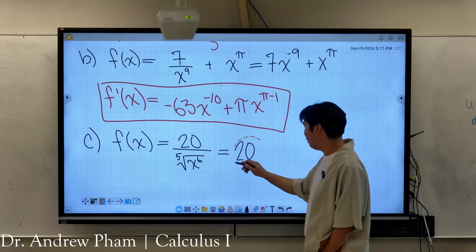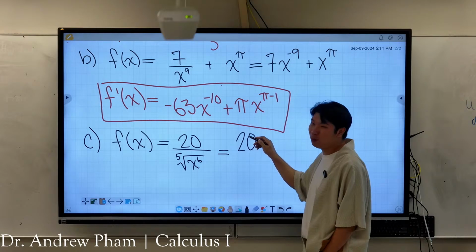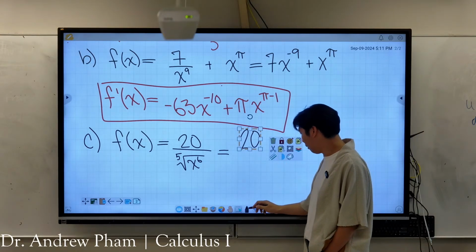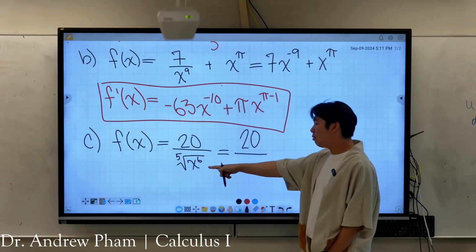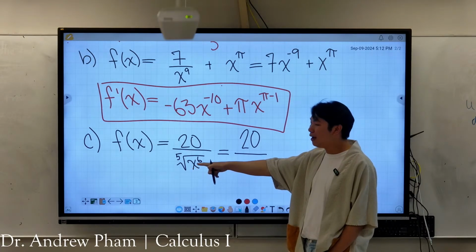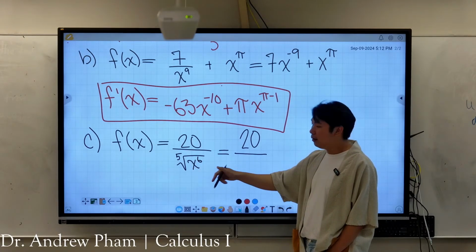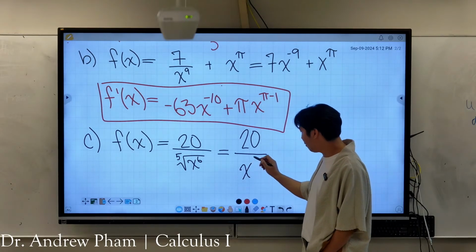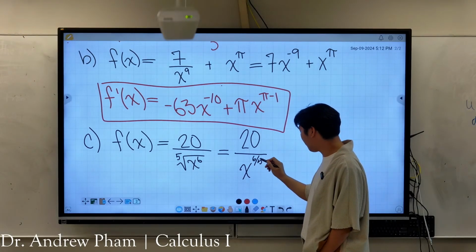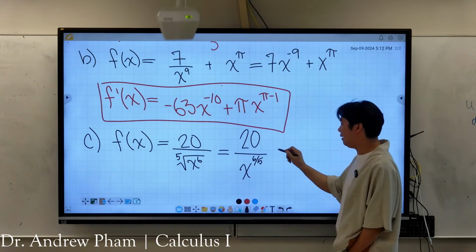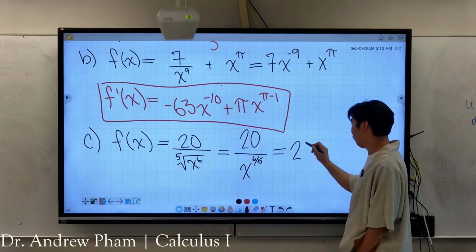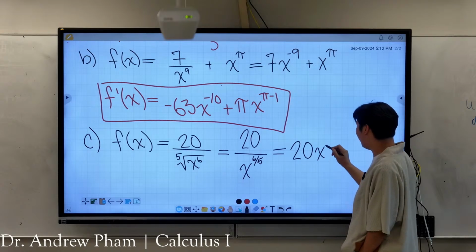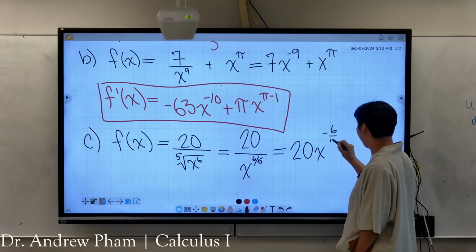Yeah, so just for the sake of notes, usually I would do this in one step, but just so that we're all on the same page. First thing is the fifth root of x to the sixth. Yeah, this is the same thing as x to the, well, in this case, 6 over 5. And then I can just apply my negative rule. It's the same thing as 20x to negative 6 over 5.